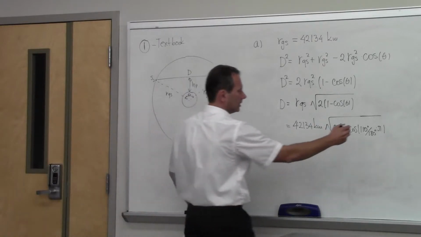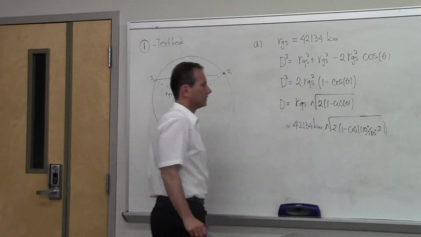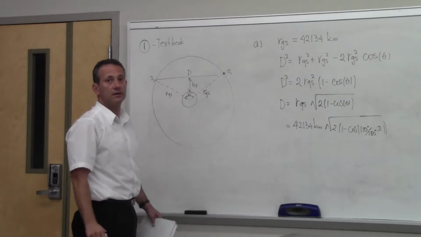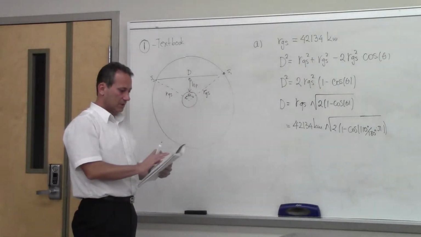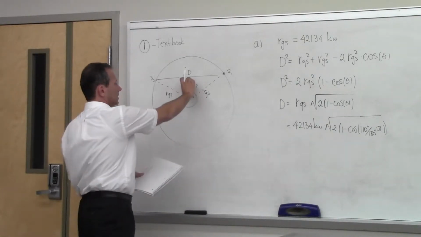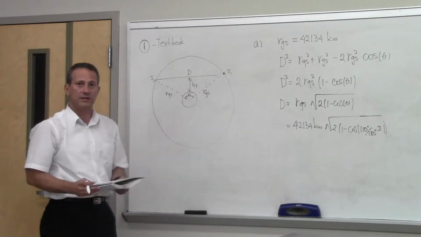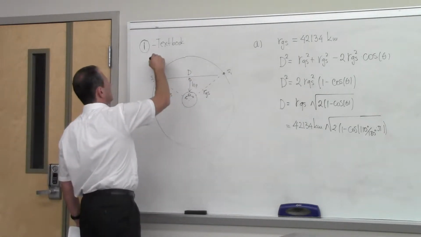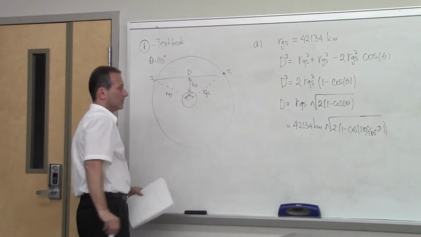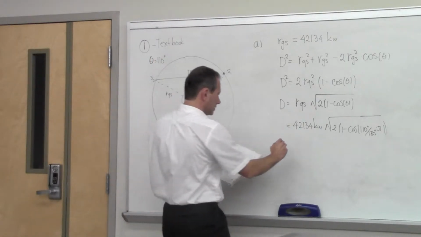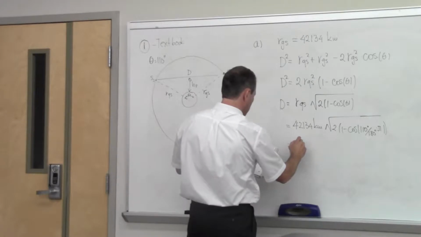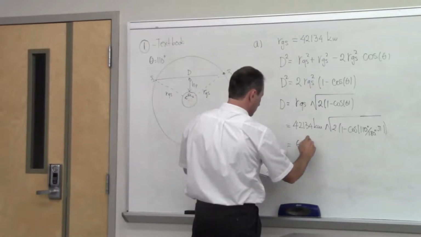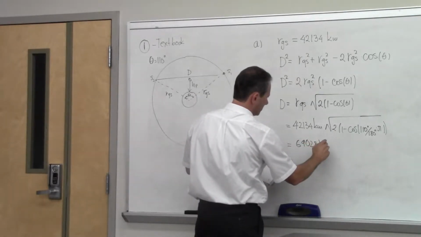Someone asks, how did you get theta? It's given in the problem. It says calculate the distance and the height for the two satellites at 110 degrees apart. So theta is given, theta is 110 degrees. When you calculate this, it is 69,028 kilometers between these two satellites.